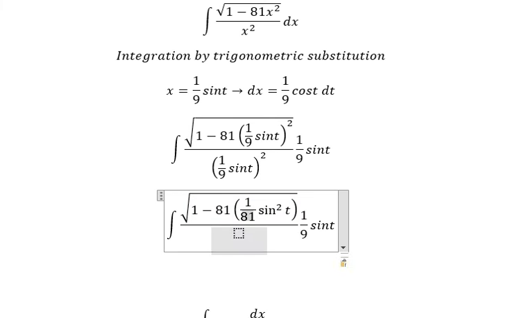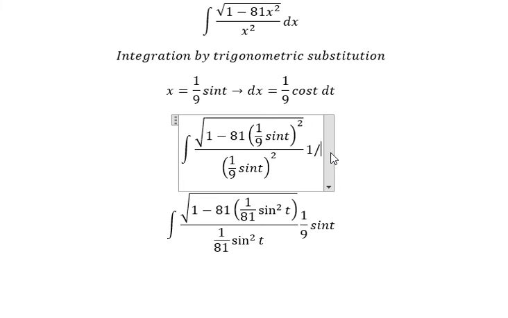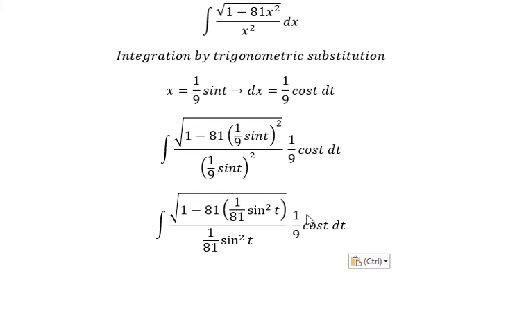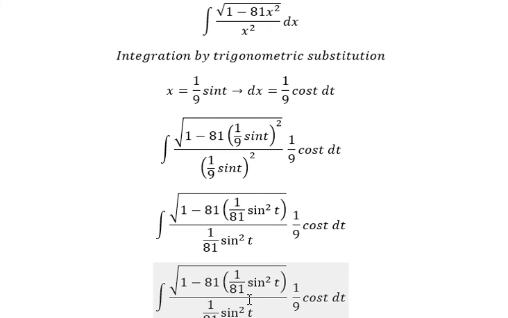Similar for this one. Or this is 1 over 9 cosine t, not. That should be like this. So we simplify it.